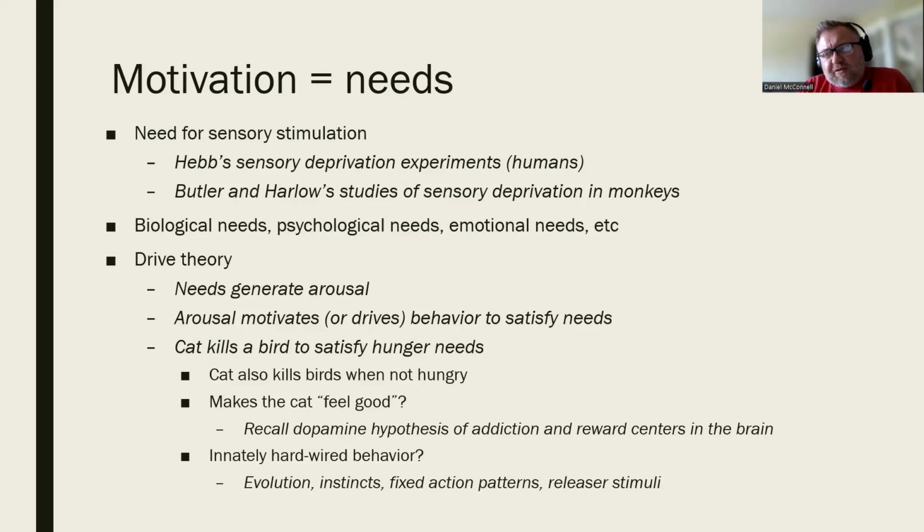And we saw a little bit about this previously. We've talked about development, and we've talked about animals raised in deprived environments show less brain development. And from that, we get Hebb's law. We have Donald Hebb again here because Hebb was amongst those researchers who were studying these sensory deprived environments. He and Butler and Harlow had done some of this kind of stuff as well.